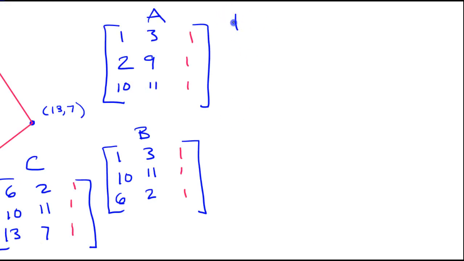All right, starting with the determinant of matrix A. For matrix A, I'm going to choose the top row for my cofactors. So my first cofactor is 1. So that means my first minor is going to be 9, 1, 11, 1.